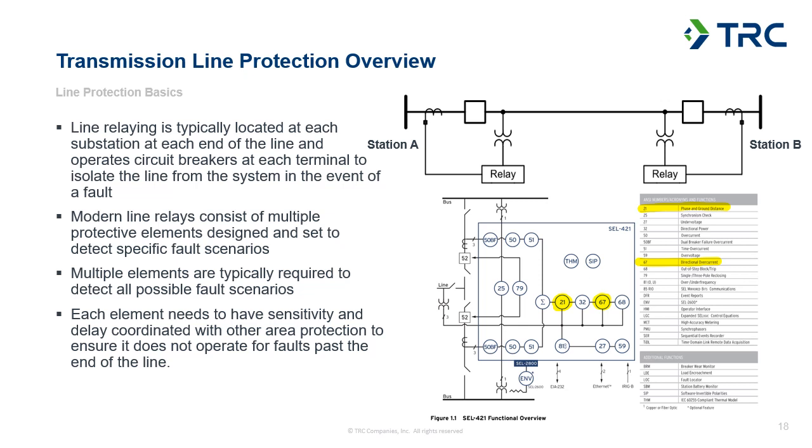And you can see it offers a couple dozen different functions, protection and monitoring functions and things like that. But as protection engineers, we're generally not applying every single element in a relay. We pick and choose out of that list to suit the application that we're doing.